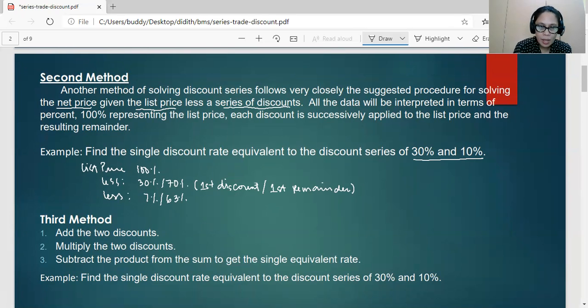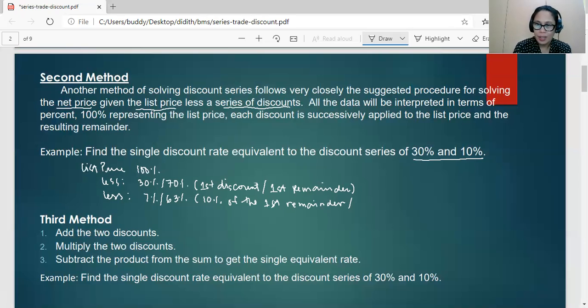Now this 7% is actually 10% of the first remainder. That is 10% of 70%, so that's 10% times 70%. So we have 7%, and then subtract 7% from 70%. So we got 63%.